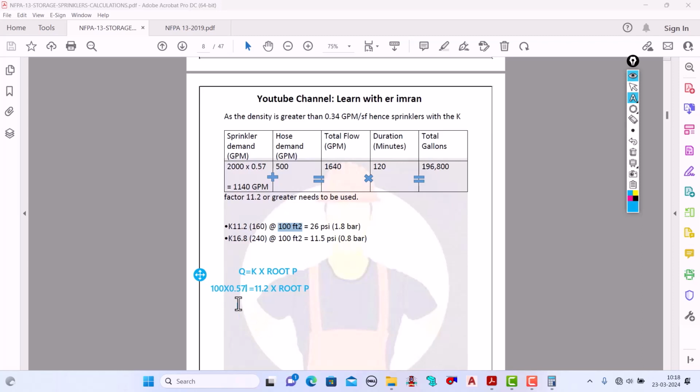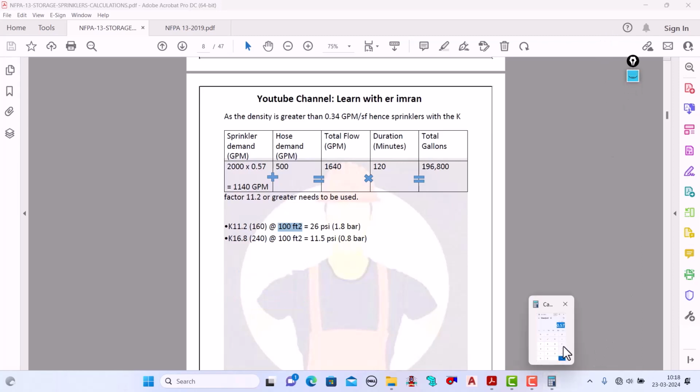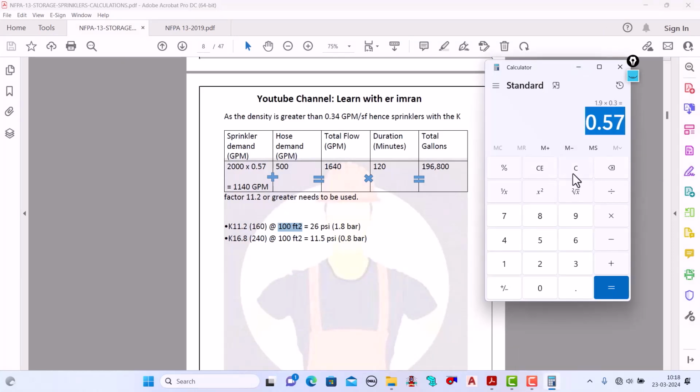So 57 is equal to 11.2 under root P. By calculating this, I will show you here: 57 divided by 11.2, and multiply two times.